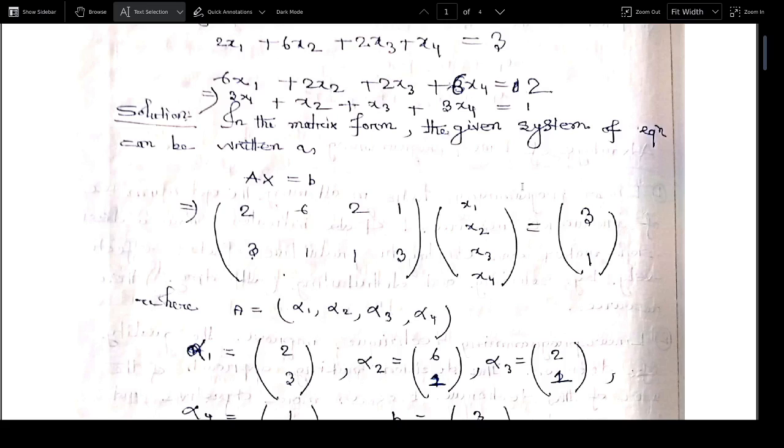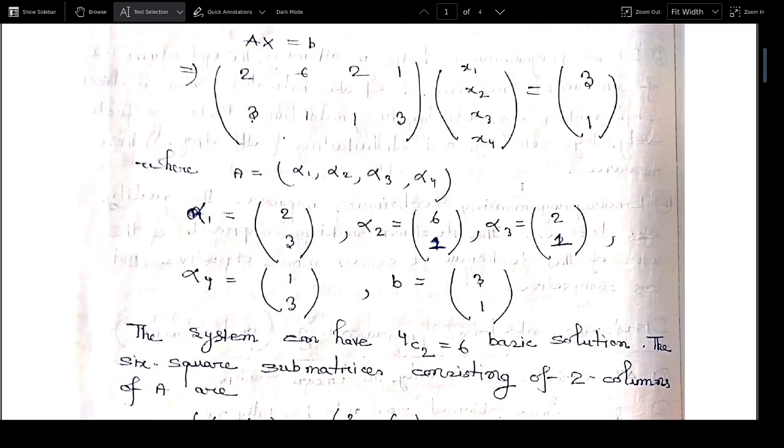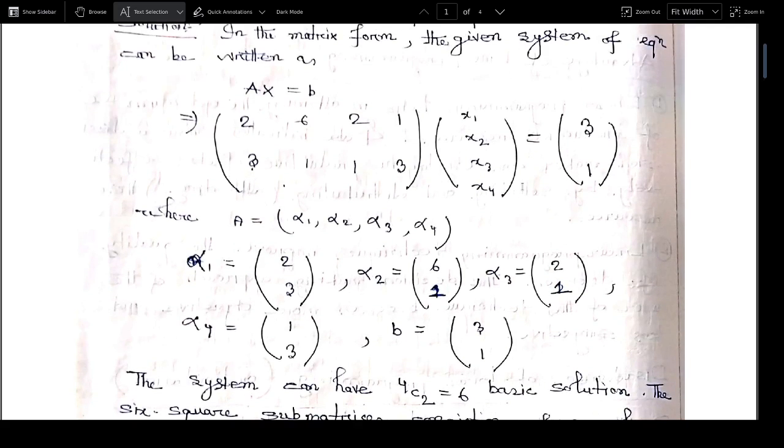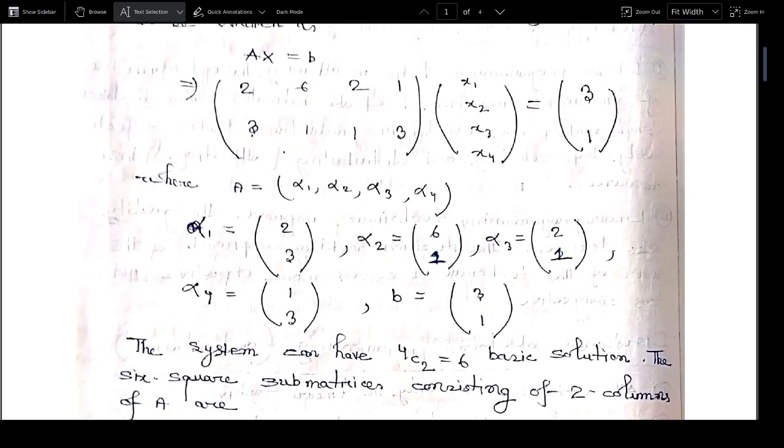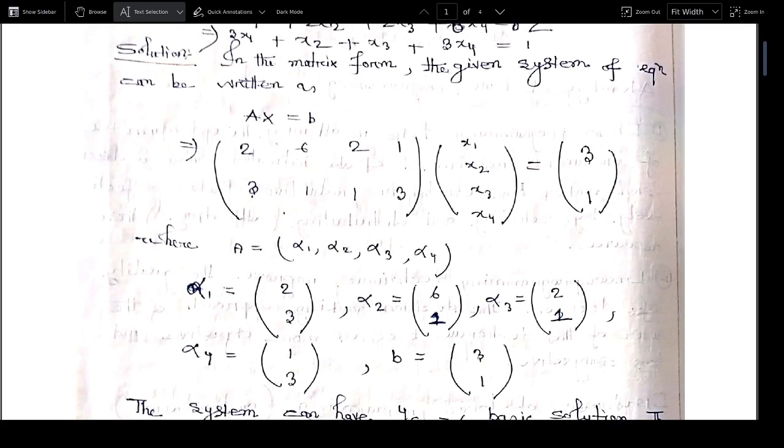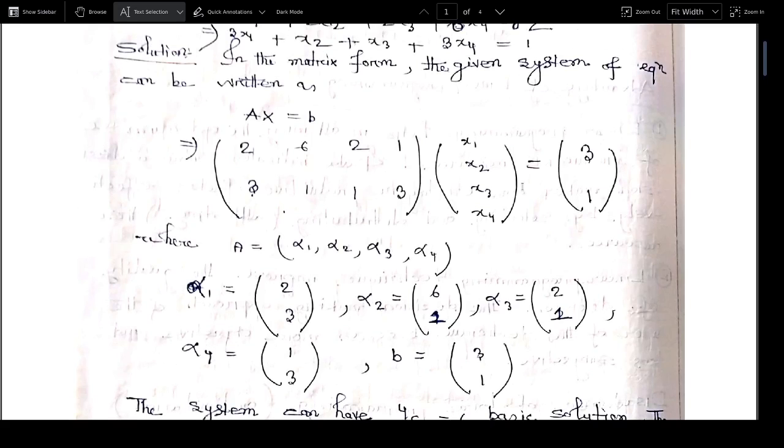The 6 square submatrices consisting of 2 columns of A are as follows. Basis B1 is alpha 1, alpha 2, where alpha 1 is 2, 3 and alpha 2 is 6, 1. Then you find the determinant of B1 and check whether it is 0 or not. After calculating, it is non-zero.